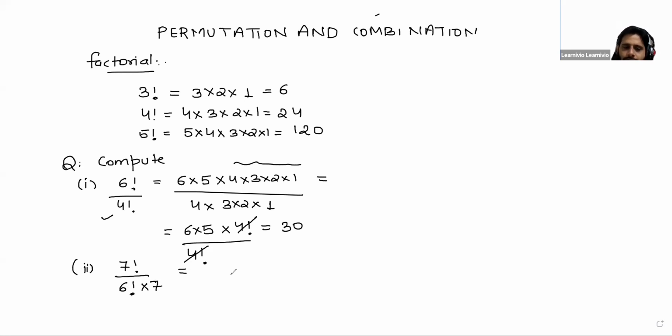Similarly, please try this question: 7 factorial by 6 factorial into 7. Can you tell me the answer? So we can write 7 into 6 factorial by 6 factorial into 7.